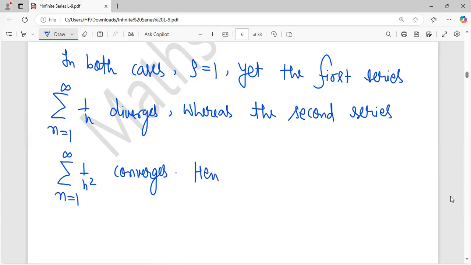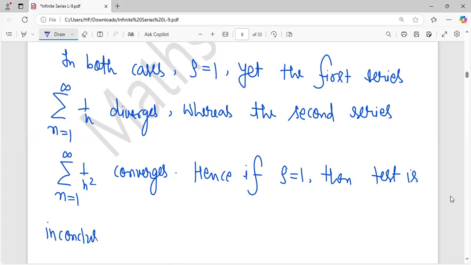Hence, if rho is equal to 1, then the test is inconclusive. So this is done.